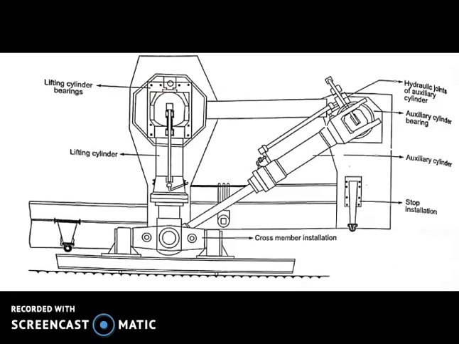Now the push cylinders are activated, which push the whole unit in a forward direction as the shoes are stationary. Following this, the oil pressure in the lift cylinder is decreased, which allows the machine to come to rest on the ground with the tub in firm contact with the ground.